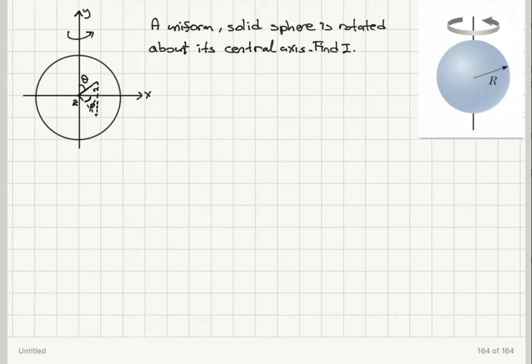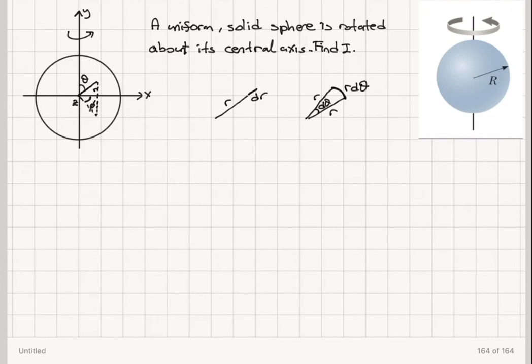So you have to go in 3 dimensions in order to get a small mass element here. Following r, I go a small distance dr, so that will give me 1 dimension. And then following the angle theta, I go through a small angle. This will give me another dimension, r d theta.